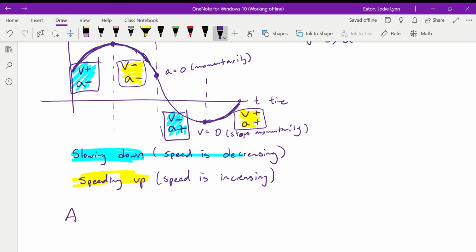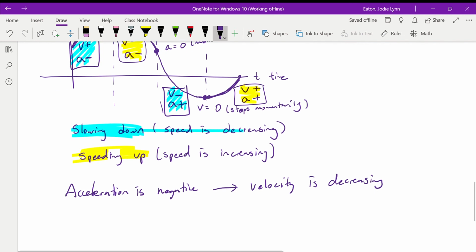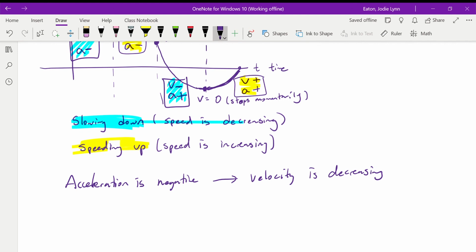So acceleration is negative means the velocity is decreasing. That makes sense. Acceleration is the derivative of the velocity. When the derivative is negative, the function is decreasing. Acceleration is positive, you have your velocity increasing.